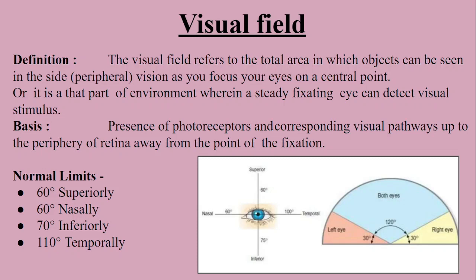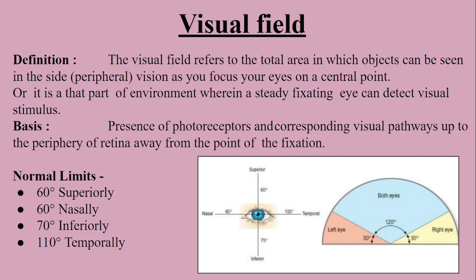This is typically done using a specialized instrument called a perimeter, which is equipped with a computer and a display screen. During a visual field test, the patient is asked to look straight ahead while a series of lights of varying intensity and brightness are presented at different locations within their visual field.